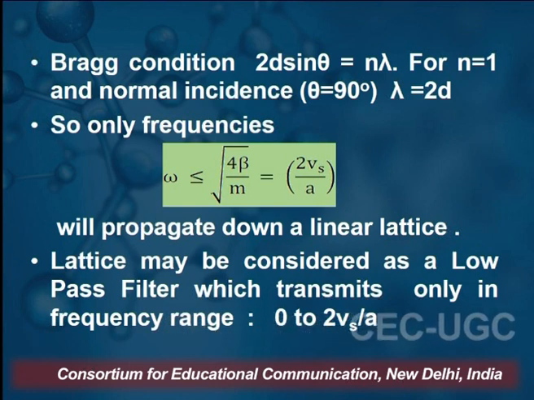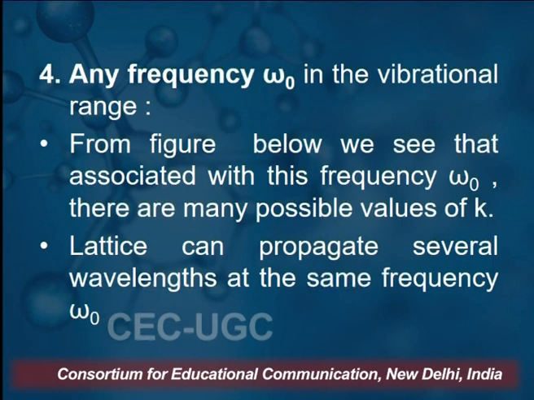So, only those frequencies which are less than or equal to under root of 4 beta by m, or 2 Vs by a, will propagate down the linear lattice. This means that the lattice is now basically acting as a low pass filter, which transmits only those frequencies which are in the range of 0 to 2 Vs by a.